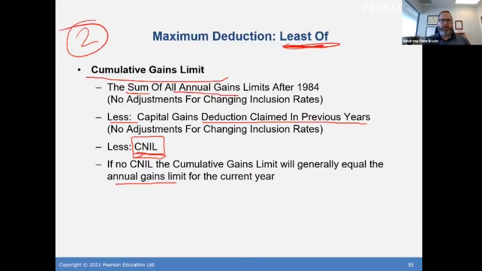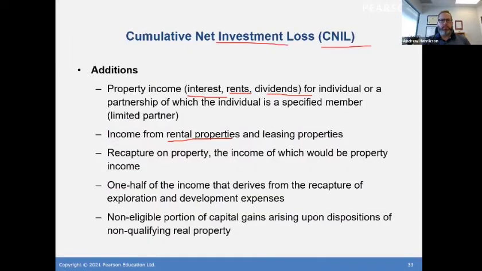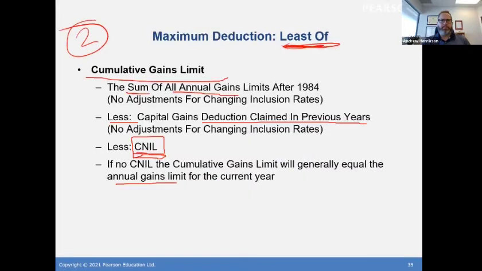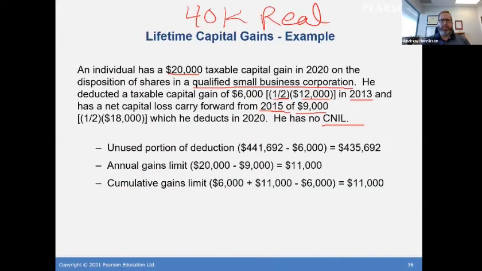So if we go back here, this is the less net capital loss carryovers deducted. So this net capital loss carryover that we had was used in the year. So we have to take that out.